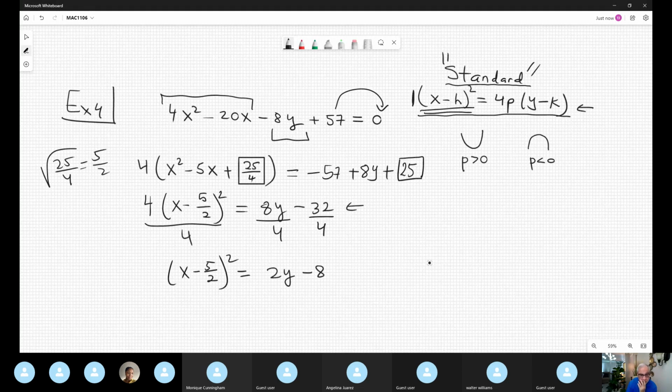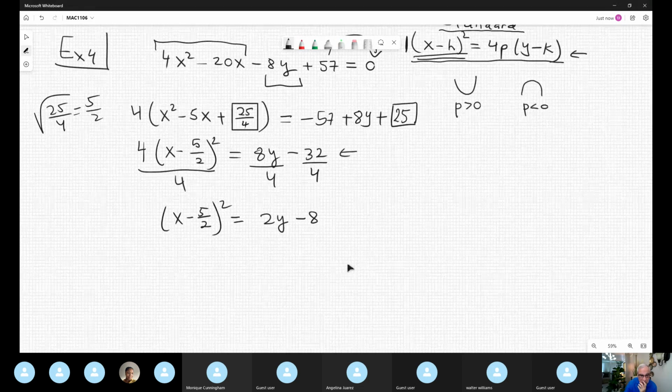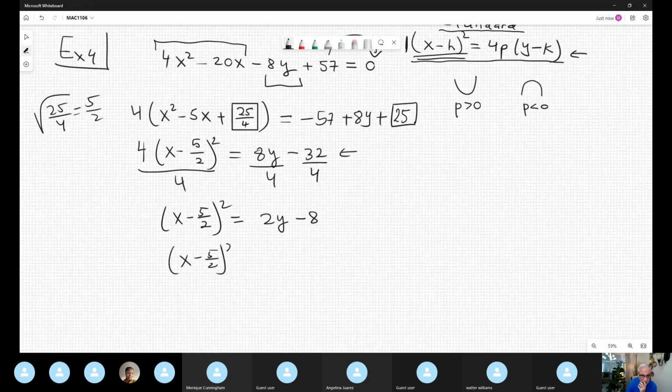Okay, cool. In that case, I have to do the last step. You factor out 2 here, no? Because it's 2y minus 4, right?